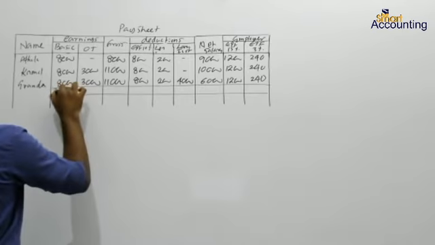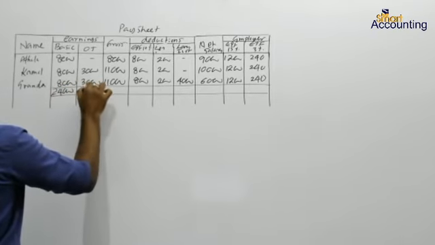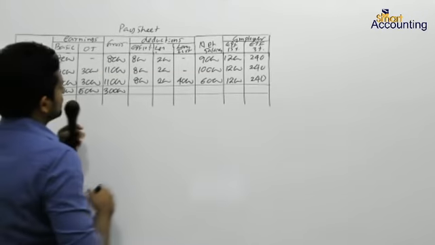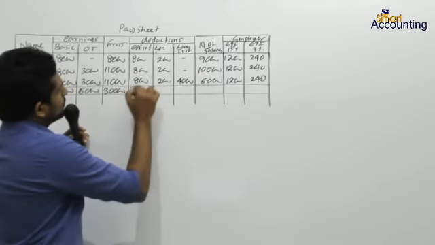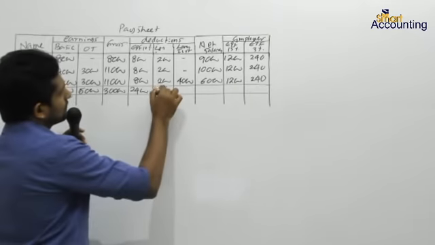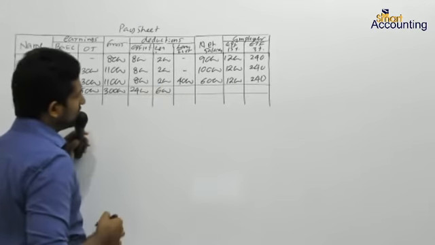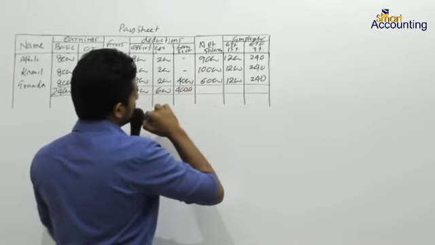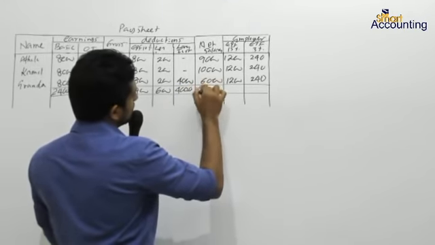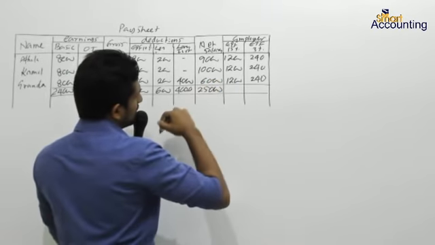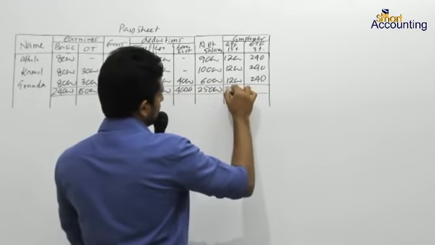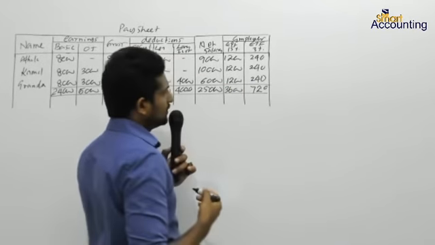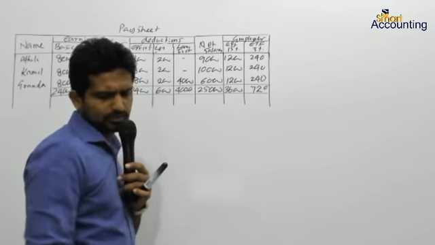Basic salary 24,000, OT 6,000, gross 30,000, EPF 2,400, welfare fund 600, installments 4,000, loan installment, net salary 25,000, EPF 3,600, ETF 720.